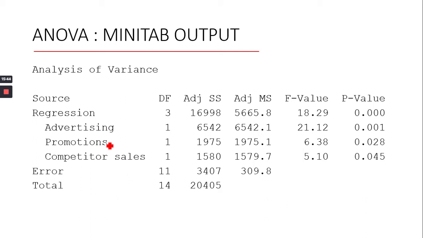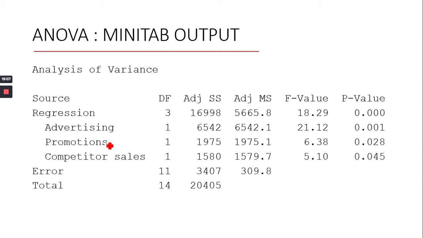The global test is that there is no linear relationship between the dependent variable and the set of independent variables, versus there is a linear relationship.